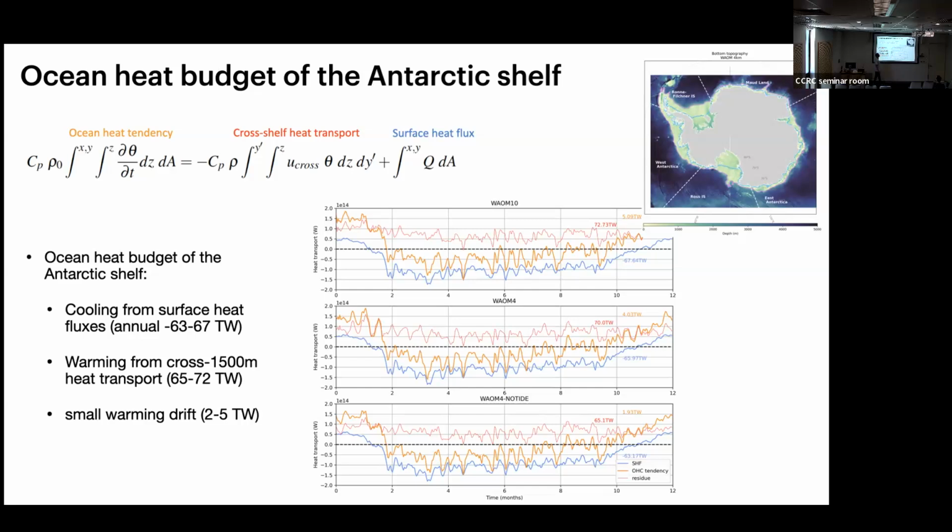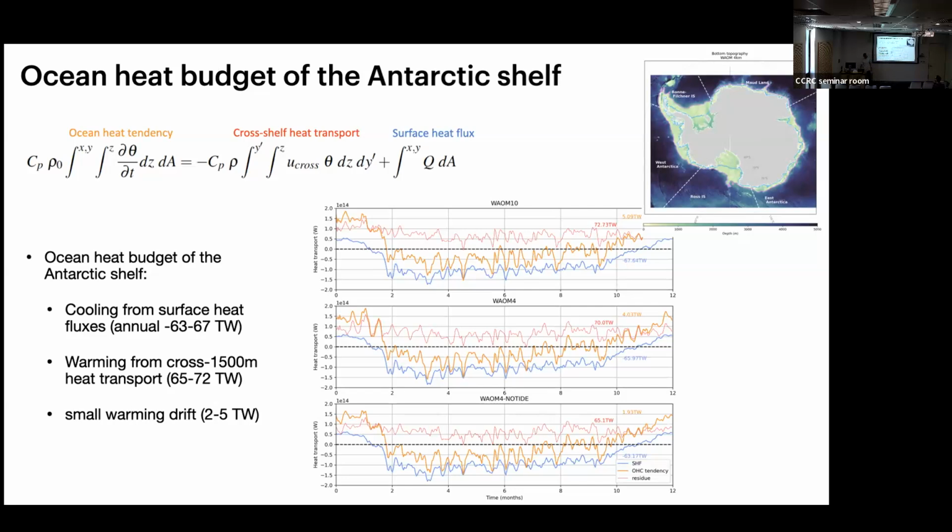On annual average, the surface heat flux takes around 70 terawatts of heat from the Antarctic continental shelf, which is pretty much the opposite of the warming from the cross-shelf heat transport, also around 70 terawatts. Our ocean heat content has strong seasonality, but in the annual mean it's pretty small compared with the other terms. It's always positive.